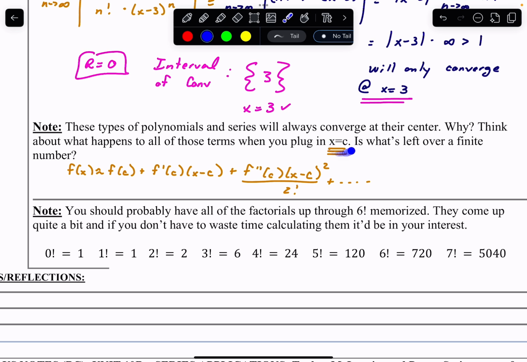So if I plug in the center, this is going to be a 0 term, this is going to be a 0 term, they're all going to be 0 terms except for this one. So when you plug in the center, you do get that value. So f of x is going to be approximated by the center value every time. Even though all of this stuff goes away when you plug in the c, this term does not. So that's why this works, and that's why we can always include the center for convergence.